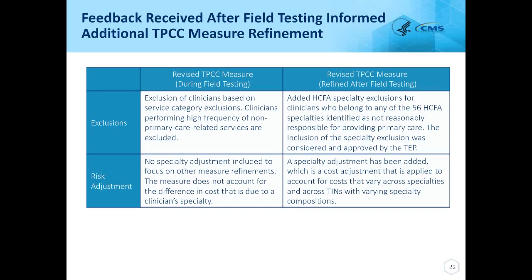And so if you're performing global surgery claims or procedures or therapeutic radiation, chemotherapy, or anesthesia for beneficiaries, you were excluded during the field testing as long as you did that often enough for your beneficiaries.